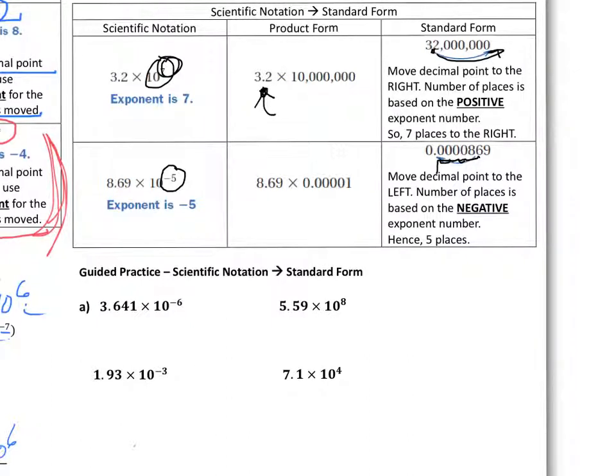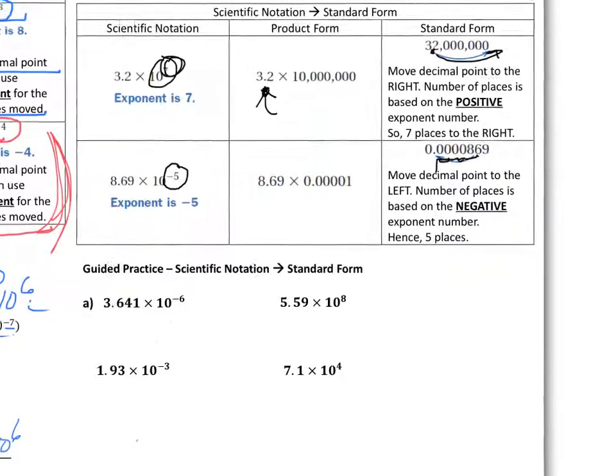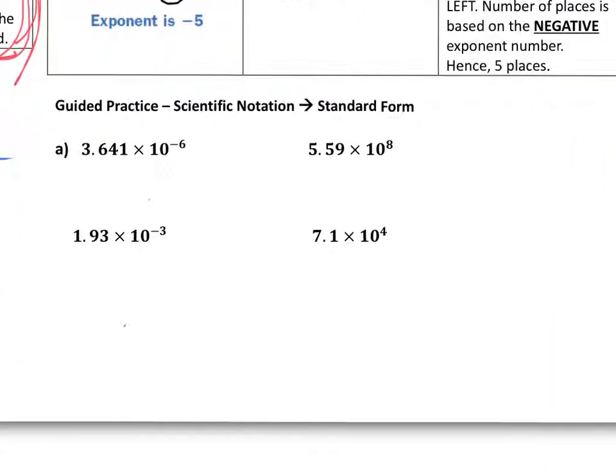Okay, and let's take a look at some practice problems. 3.641 times 10 to the negative 6 power. Okay, I have a negative power, so I know I need to shift to the left. Okay, so I'm going to write 3641 here.